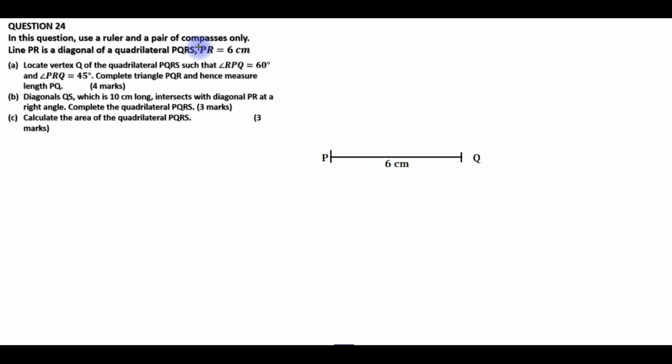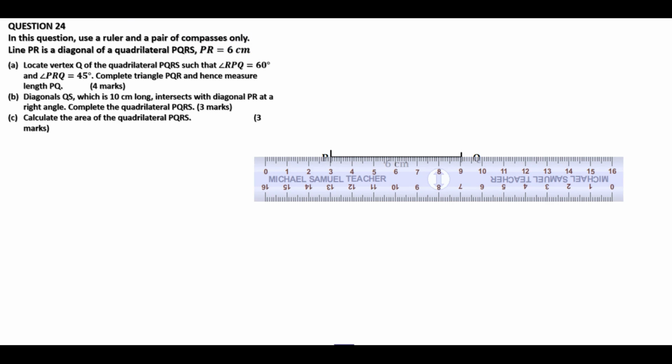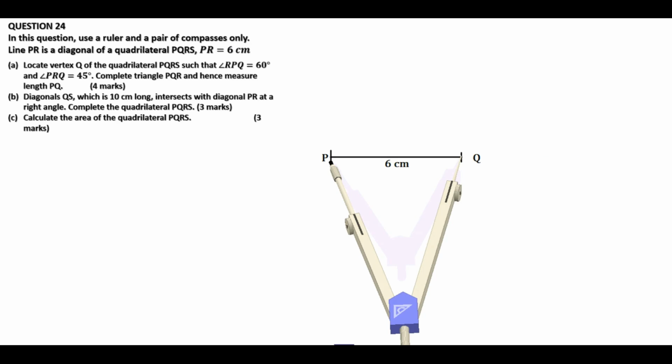So question 24. In this question, use a ruler and a pair of compasses only. So we expect to use a ruler and a pair of compasses only.